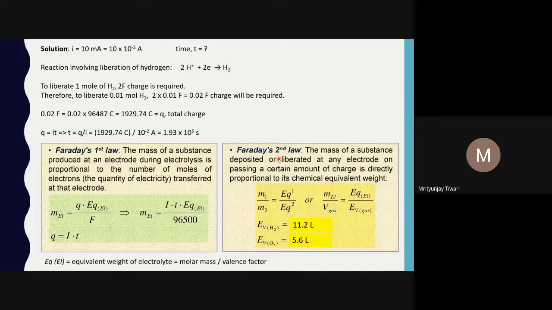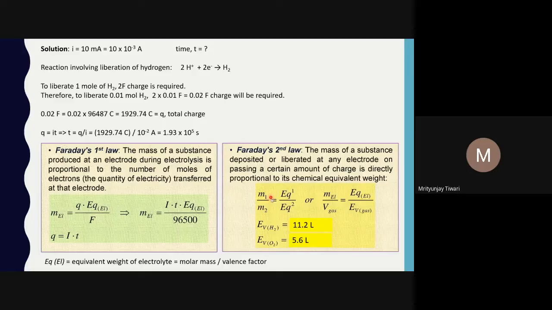Now the second law of Faraday, the second law of electrolysis, is what? The mass of a substance deposited or liberated at any electrode on passing a certain amount of charge is directly proportional to its chemical equivalent weight. This is the second law.